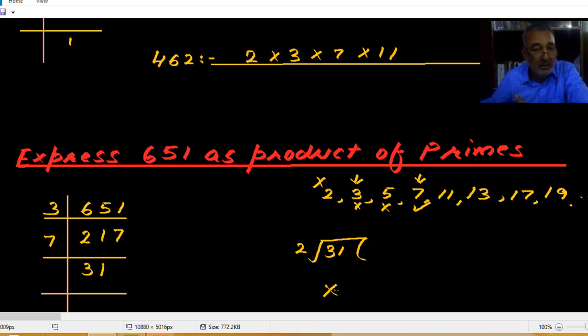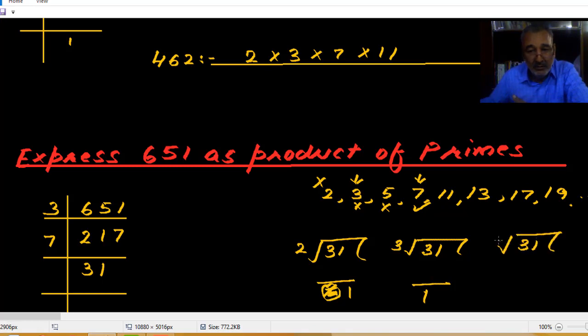Not completely divisible. I try to divide this by 3. It is not divisible, as remainder is 1. In this case, a remainder is also 1.